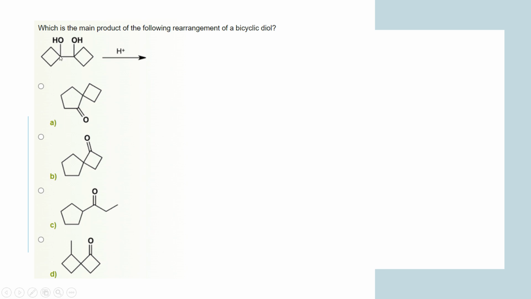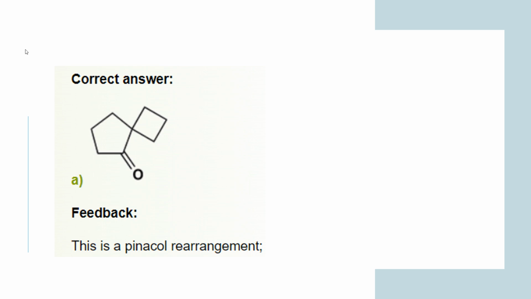So basically we are getting a product where this ring will get expanded, that is you will get a 5-membered ring, and that 5-membered ring will be containing a keto functionality. Okay, so I hope this question is now very easy for you, because we have already discussed 3-4 questions on pinacol pinacolone. So if you go step by step, option A you will get as the final product.